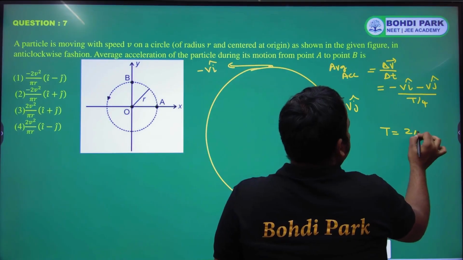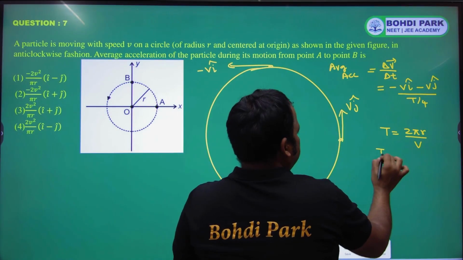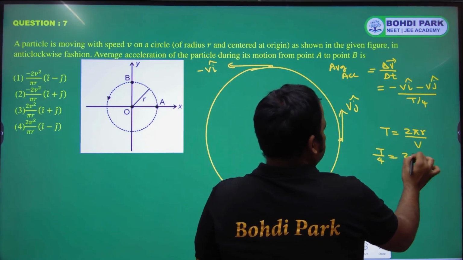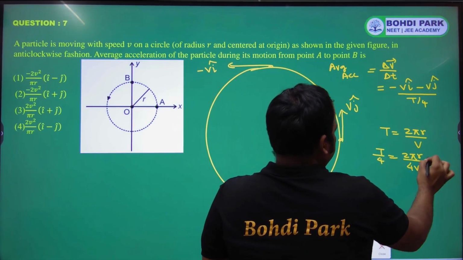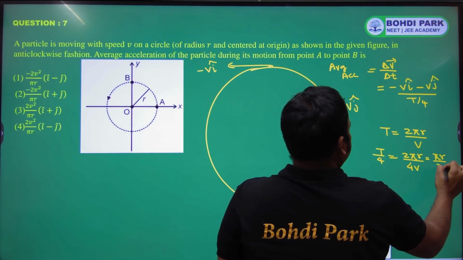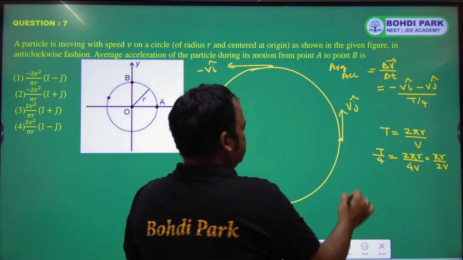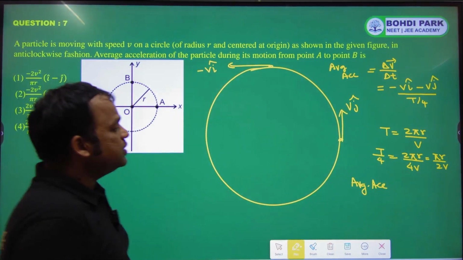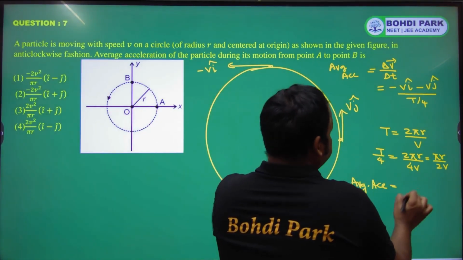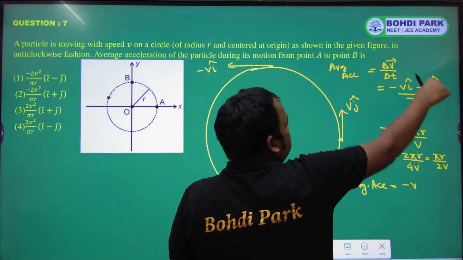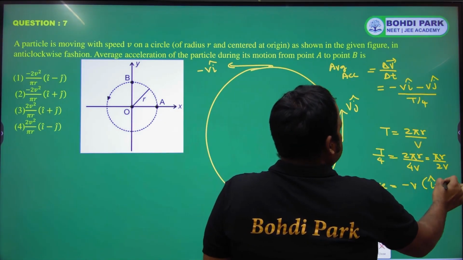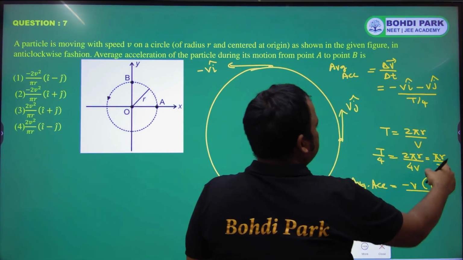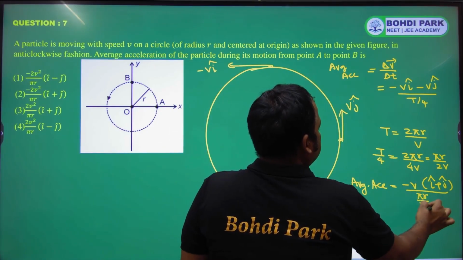Now T is equal to 2 pi r by V. So T by 4 is 2 pi r by 4V, which is pi r by 2V. So average acceleration is equal to minus V common into i plus j divided by T by 4, which is pi r by 2V.